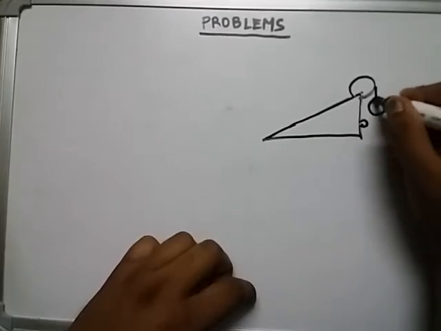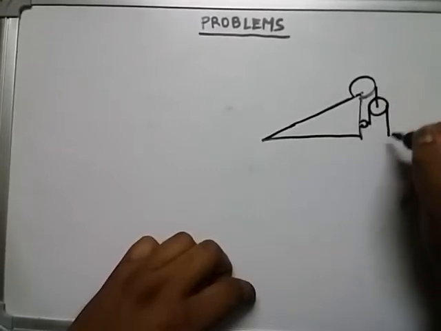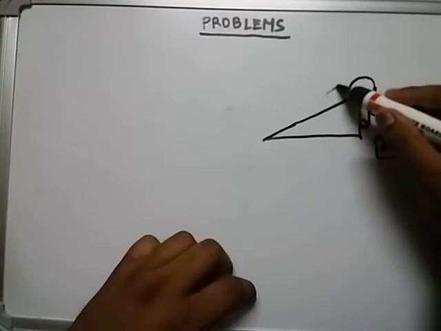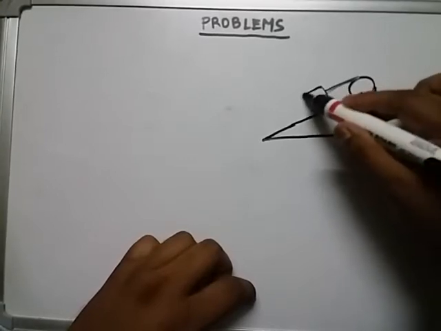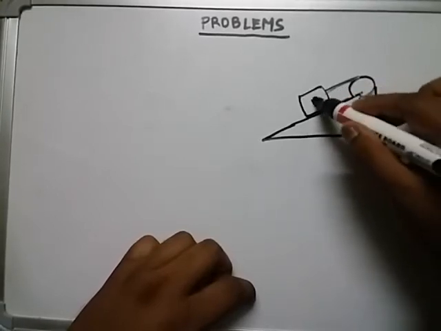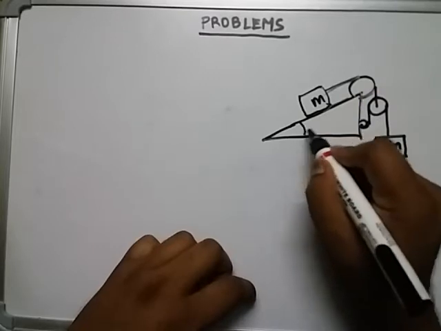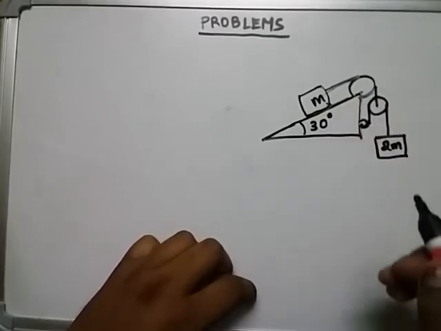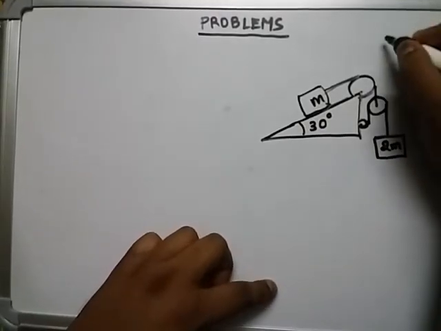Here there is a pulley. The string is attached over here. It's a mass of 2m. This is a body of mass m, with this angle being 30 degrees. Every surface is frictionless.